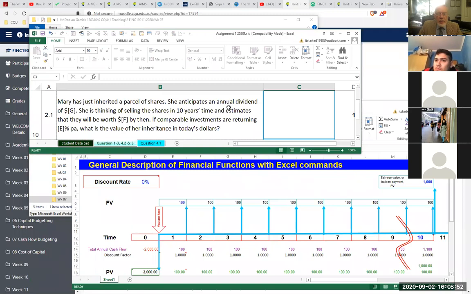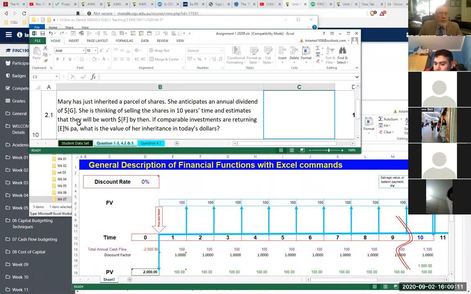It's telling me that I've got an annual dividend of G. So in this diagram, the annual dividend could be the $100. I've got 10 years, so it's just like this diagram. I've got G dollars, G dollars, G dollars, G dollars, G dollars right up to there.